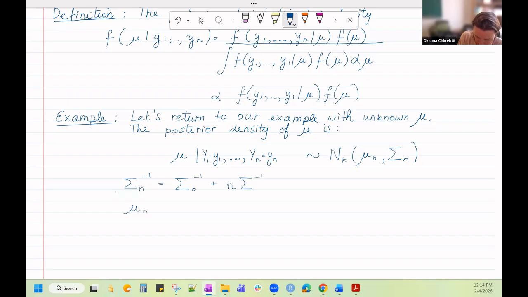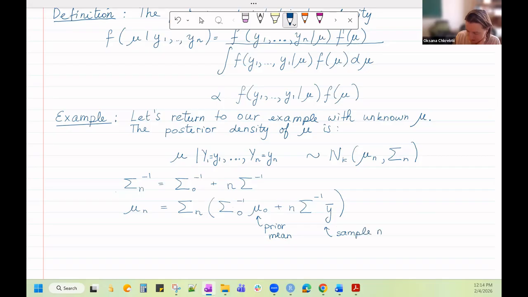And the posterior mean is going to be the posterior covariance matrix multiplied by this weighted average of the data and the prior. Right. So this is the prior mean. And this is the sample mean of the data.